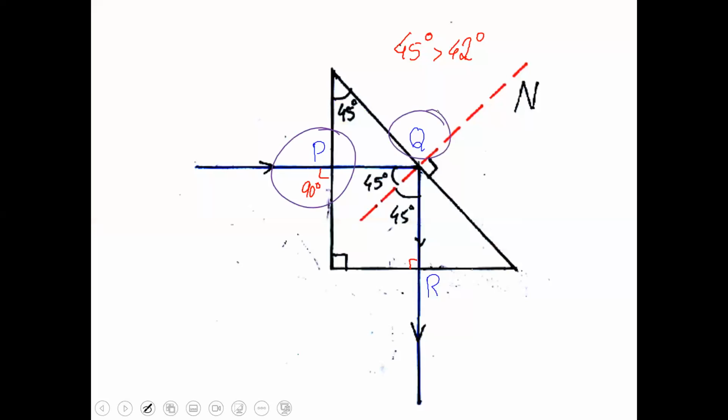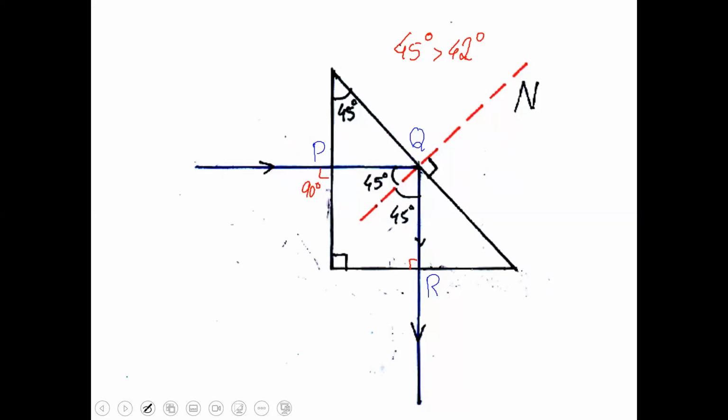Here at position Q, why is the light going down, why is the light not coming here on the question mark side? Because the issue is the incident angle. The angle of incidence is greater than 42. As the angle of incidence is greater than 42, it means light will be internally reflected. It won't come out from the side of the prism.